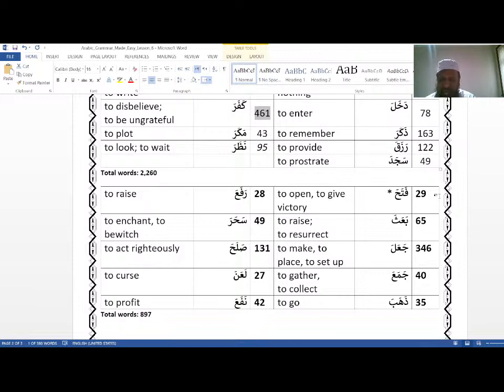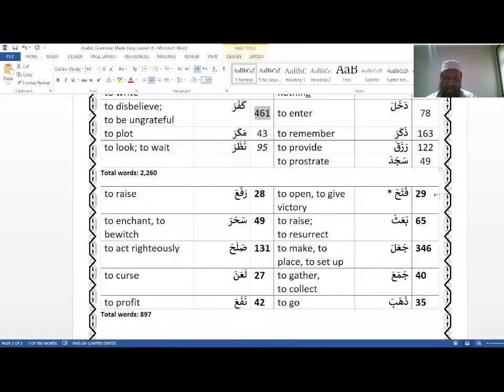Next, Ba'atha, to raise or to resurrect, 65 times. Ja'ala, these fi'l occur a lot, 346 times. Ja'ala, to make, to place, to set up.